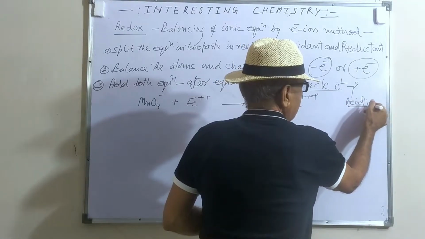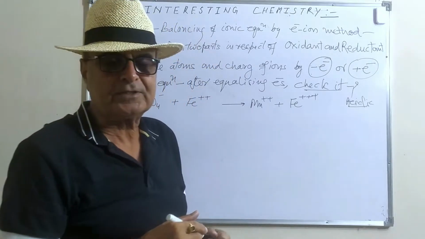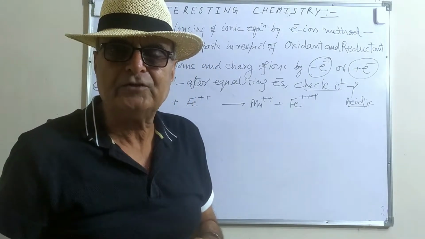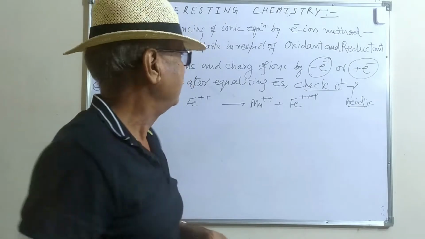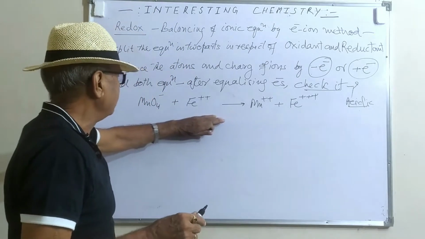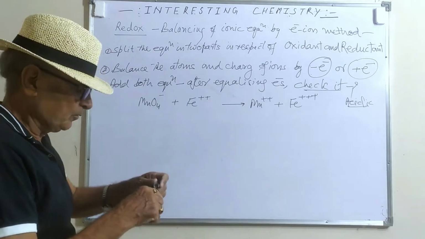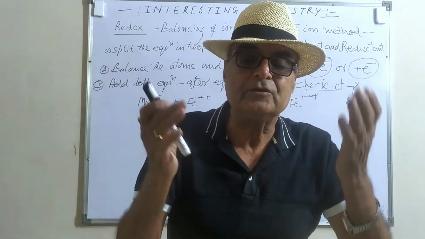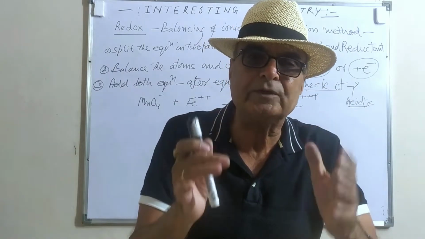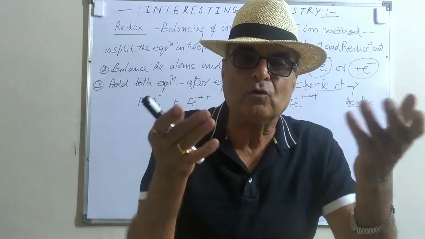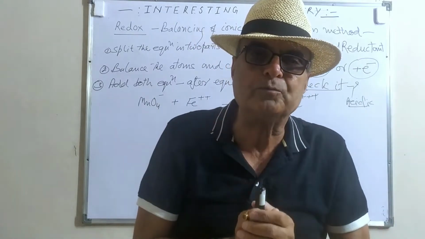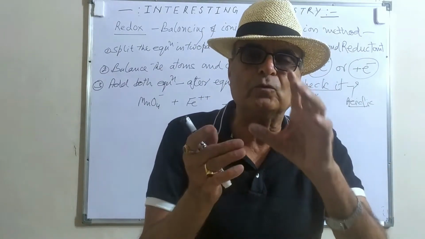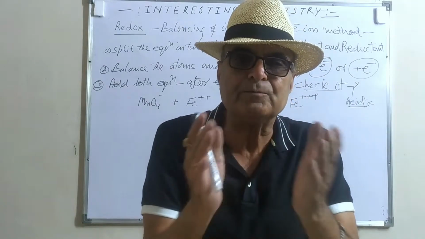I will tell you acidic and basic mediums. First I am going to explain the balancing of the ionic equation in acidic medium. Here this is our equation. Again I am reminding you that you will find 8 to 10 points in your book. That is a long process to remember, and all the points are very important.